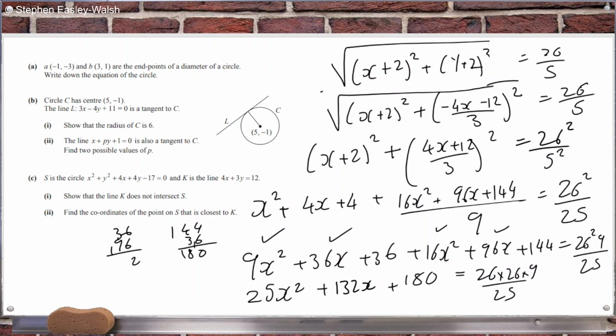Time to get my calculator out. 26 times 9 divided by 25. Yep, that's not anything pretty. Let's make some space on the top. Oh, I hope I didn't make an algebra mistake.